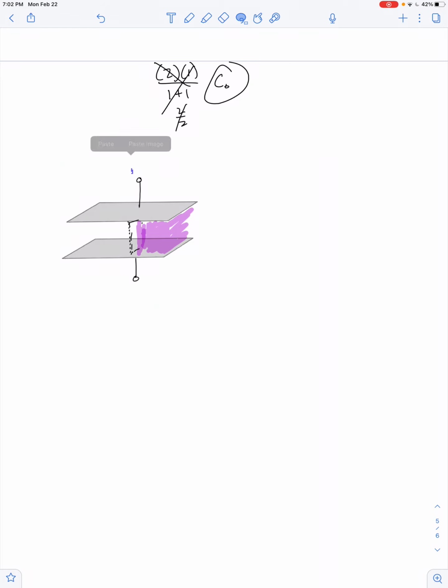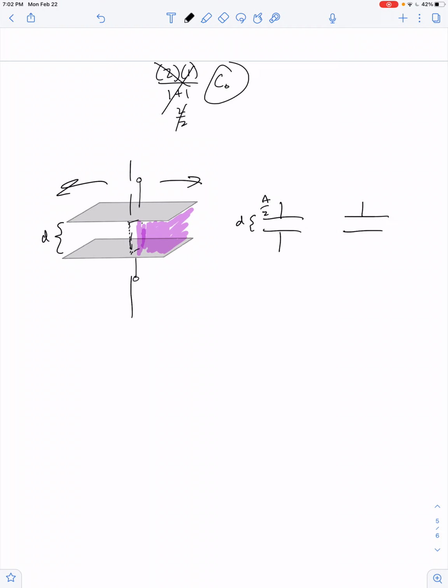We can imagine cutting down the middle and then pulling these apart, and we would have one capacitor with the same separation, d, but now half of the area, and then another one, again with a separation of d, filled with dielectric of value kappa, and also with an area of A over 2. And they're now connected in parallel.